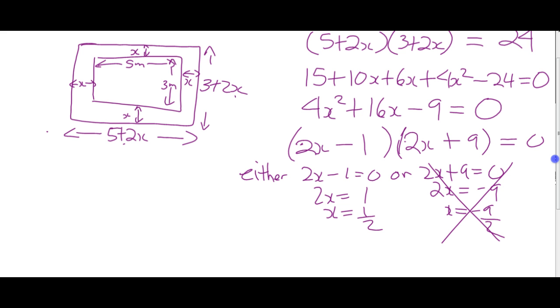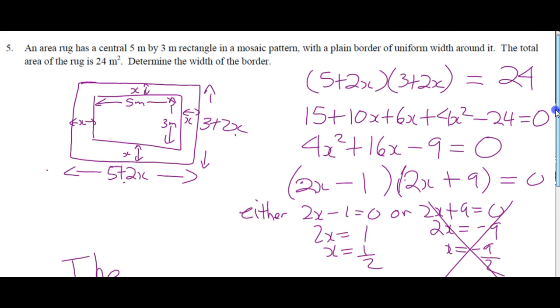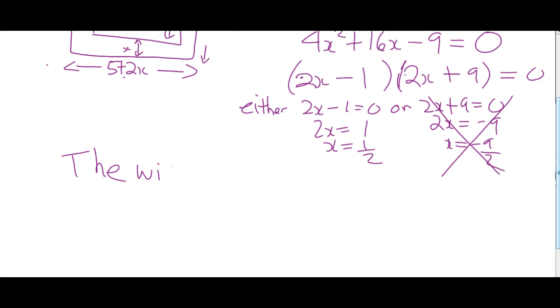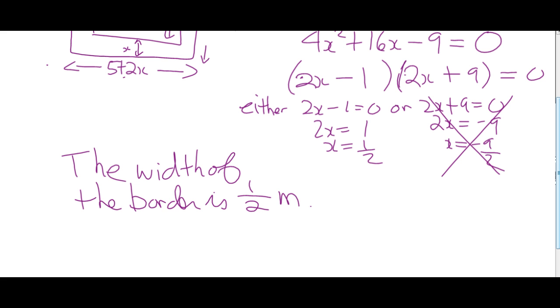And then you're going to say the width of the border. Determine the width of the border. The width of the border is 1/2 meter. Don't forget the units. If you forget units, you can lose half a mark. You don't want to do that.